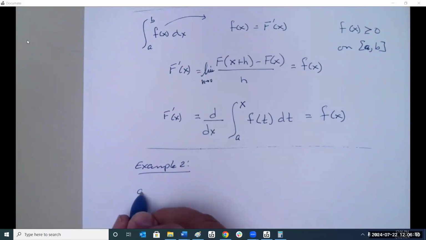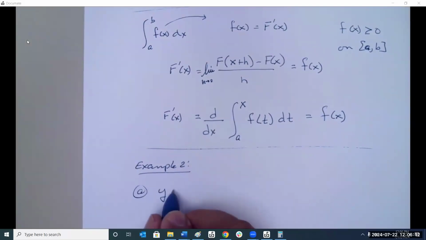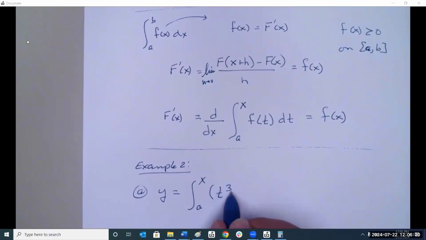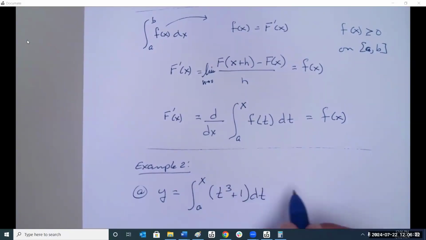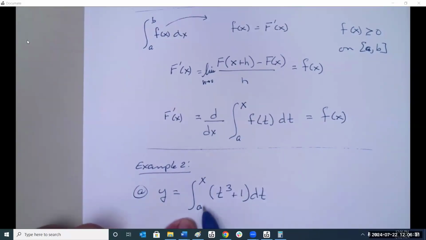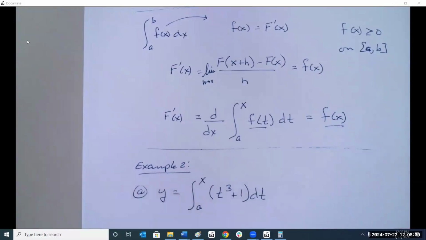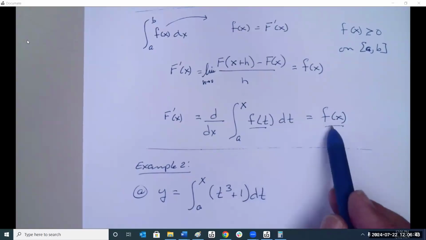This one has 4 examples. So here's do the first one. If y equals the integral from a to x of t cubed plus 1 dt, what does that equal? We're going from a to x of this function, it becomes f of x. So from here to here, what do we do? Anywhere you see a t, just put an x.